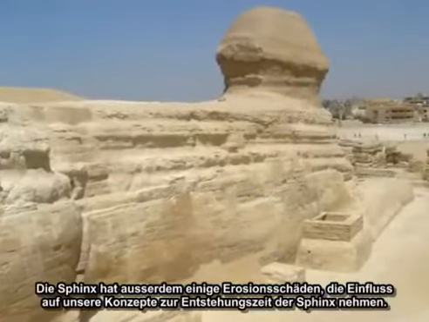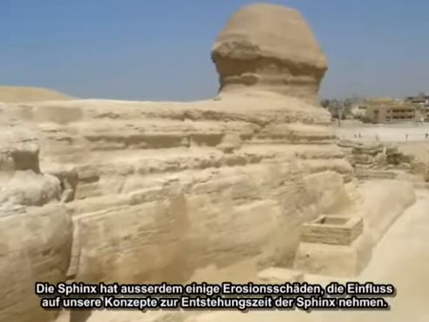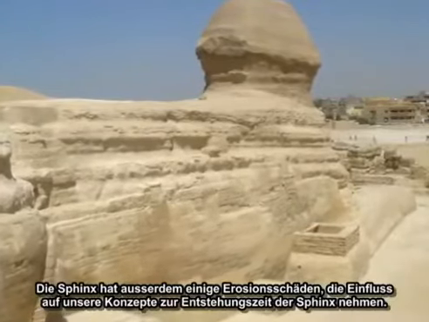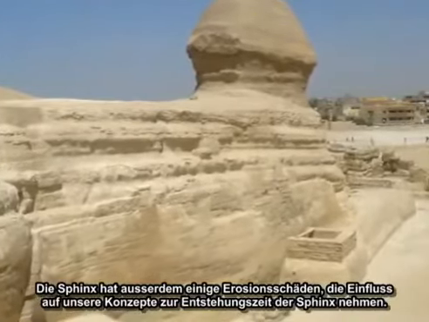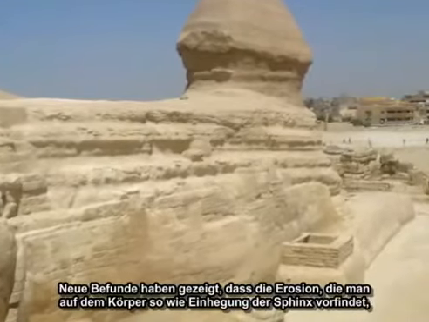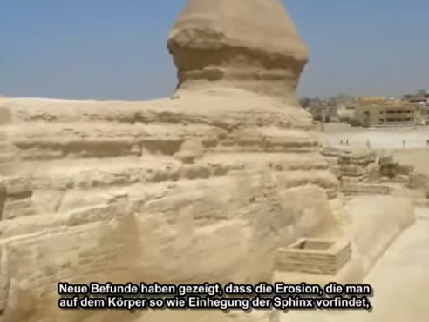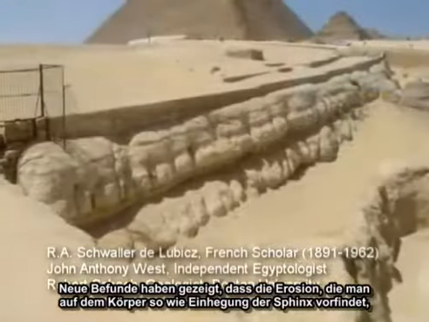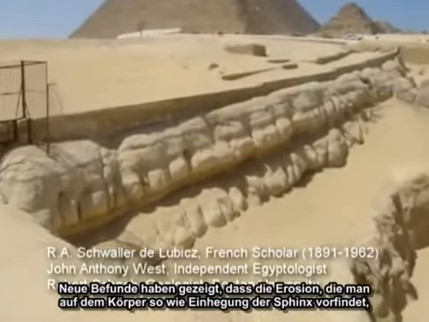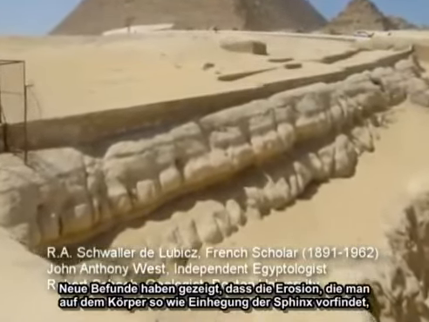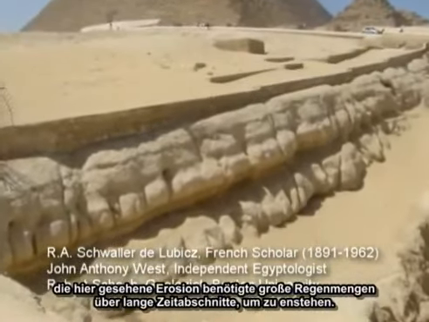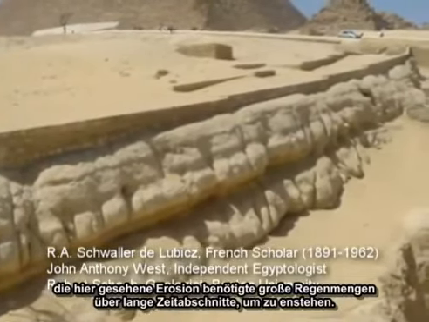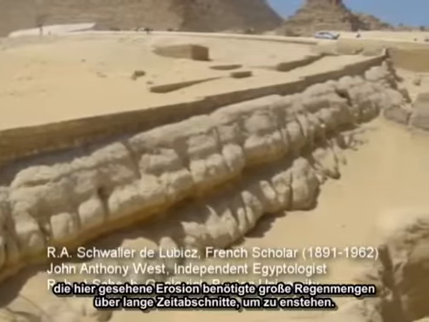The Sphinx as well has all sorts of erosions on it that do have impact on our concepts of when the Sphinx was built or carved. New evidence has shown that the erosion that you find on the Sphinx body and then on the Sphinx enclosure, this is the enclosure from where the 200-ton blocks were relieved, demands that there was a large amount of rain for long periods of time to create it.